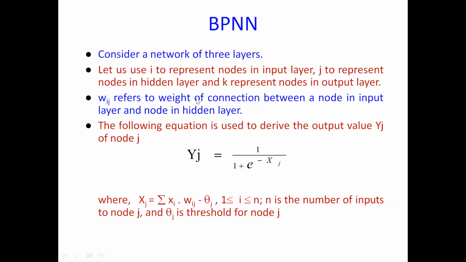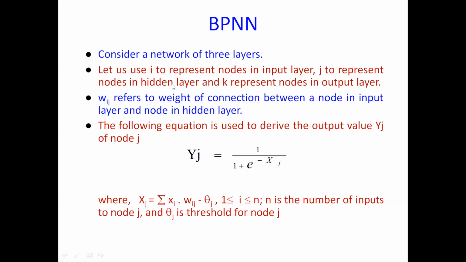So if I say that the nodes of the input layer are represented by I, the nodes of the hidden layer are represented by J, and the nodes of the output layer are represented by K, then we automatically have connections between the input layer and hidden layer, and similarly connections between the hidden layer and the output layer as well.